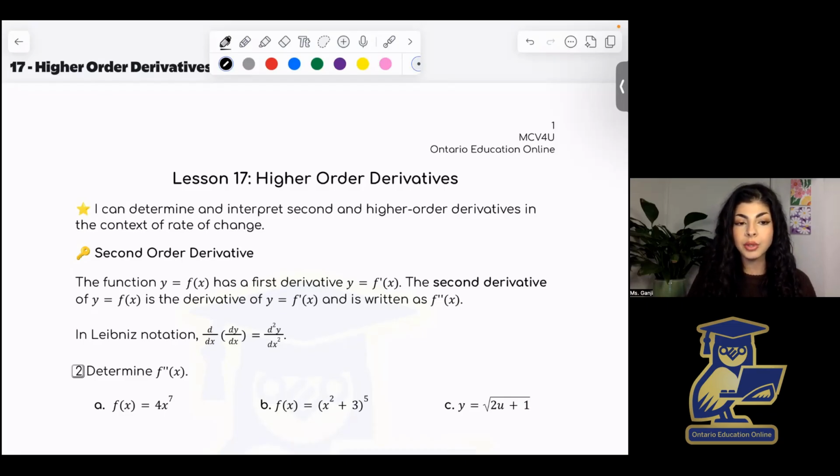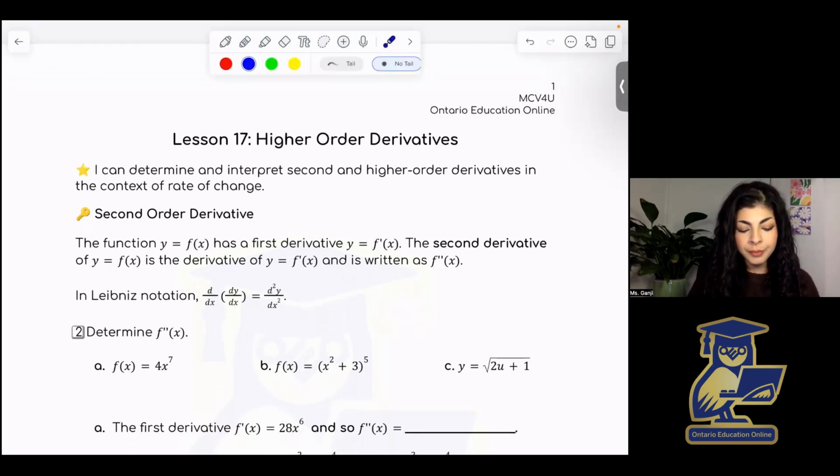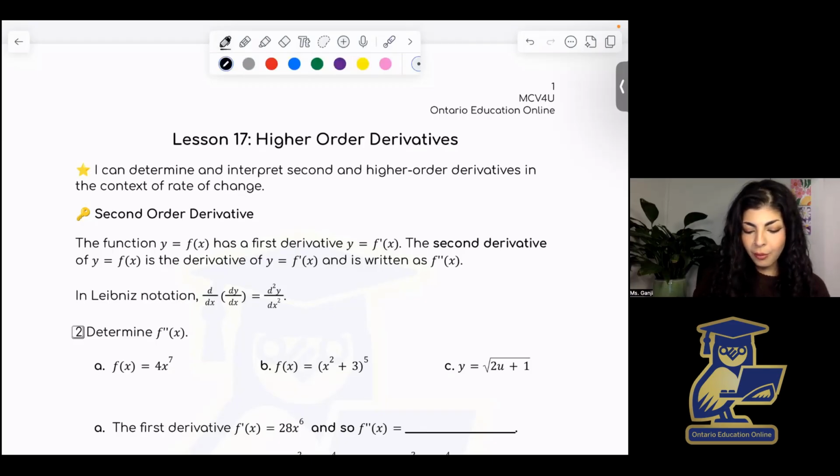So starting with our second order derivative as a definition, considering the function y equals f of x, if this has a first derivative of f prime of x, then we can say that the second derivative of y equals f of x is the derivative of f prime of x, so the first derivative, and it is written as f double prime of x.